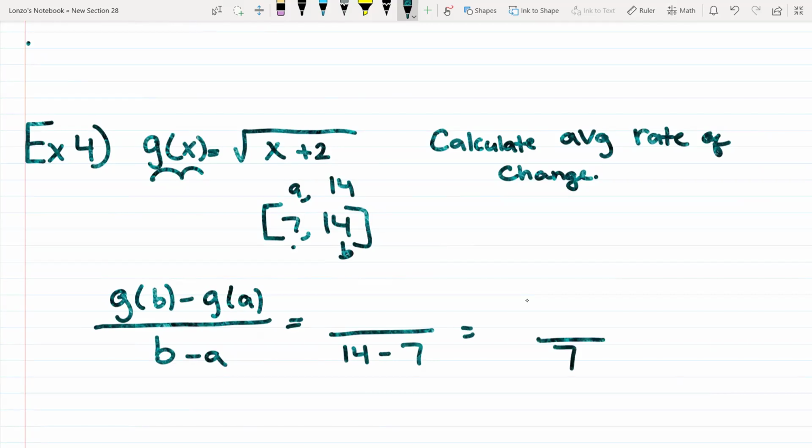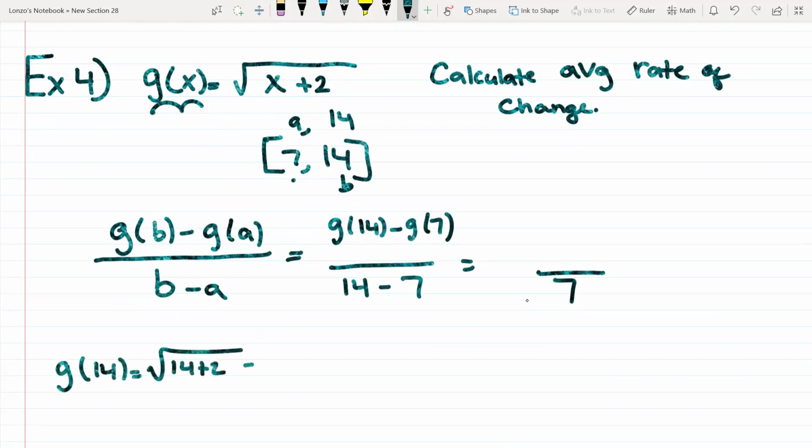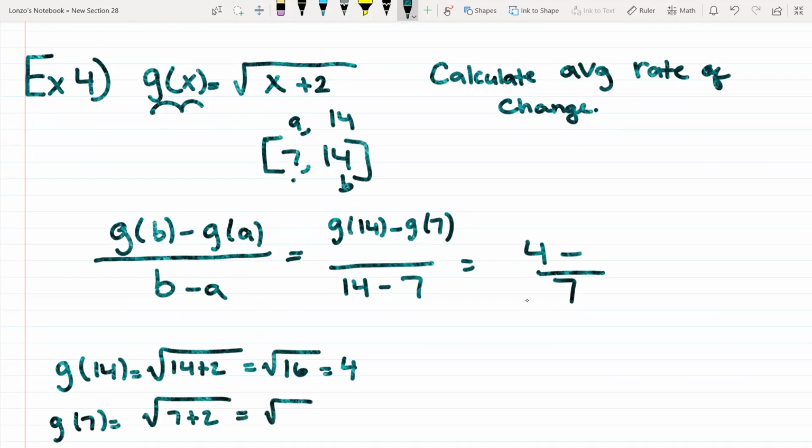And then what's the top? g of 14 minus g of 7. So let's find that, because we have a g of x function. g of 14 is square root of 14 plus 2, which is square root of 16, which is 4, minus g of 7, square root of 7 plus 2, which is square root of 9, which is 3.